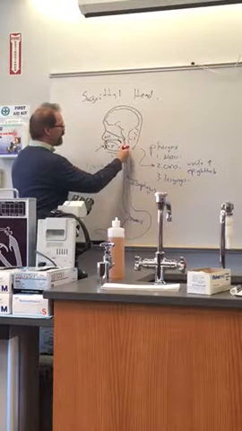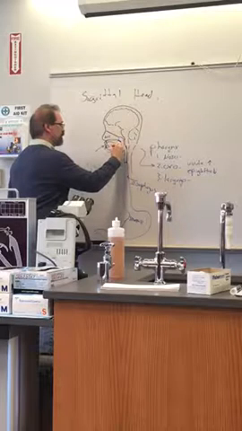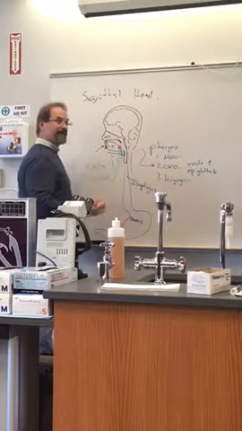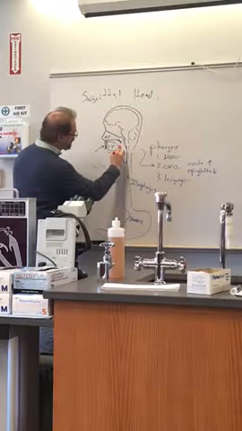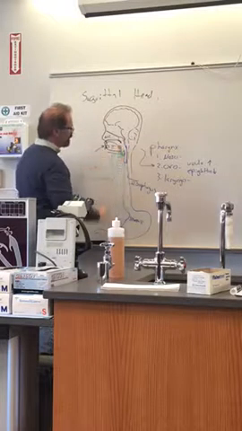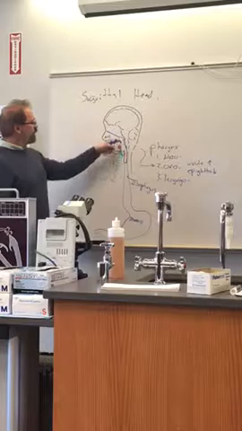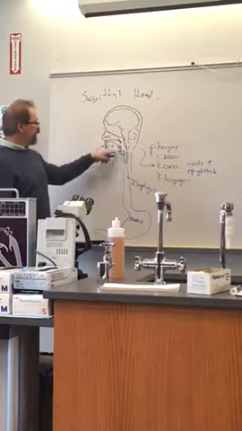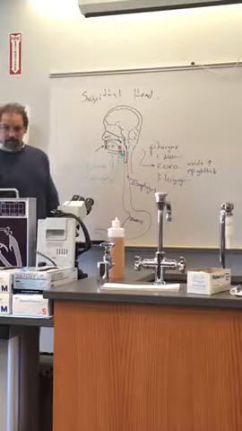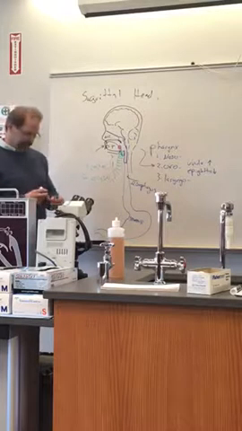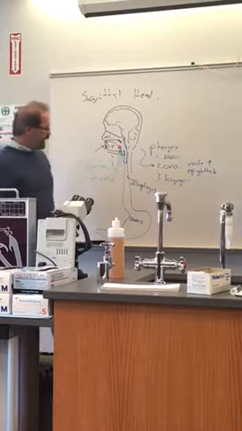Off to the lateral sides on either side of the tongue, palatine tonsils, and then actually at the base of the tongue, under there, lingual tonsil. So you've got two palatine, one adenoid, or one pharyngeal, and one lingual tonsil. And those you can see on the sagittal head section. Okay.